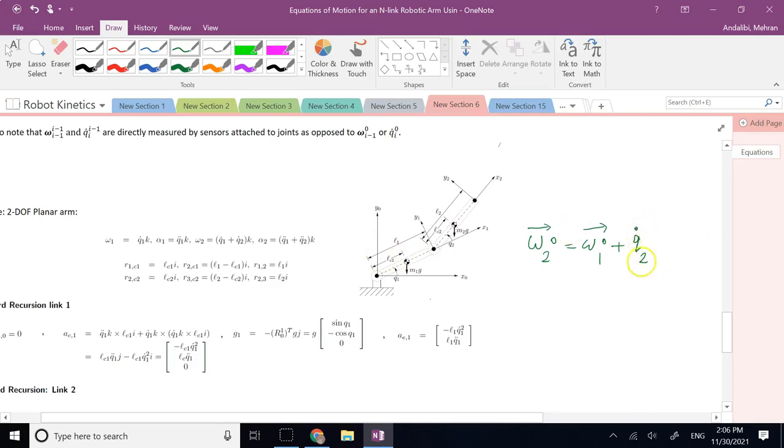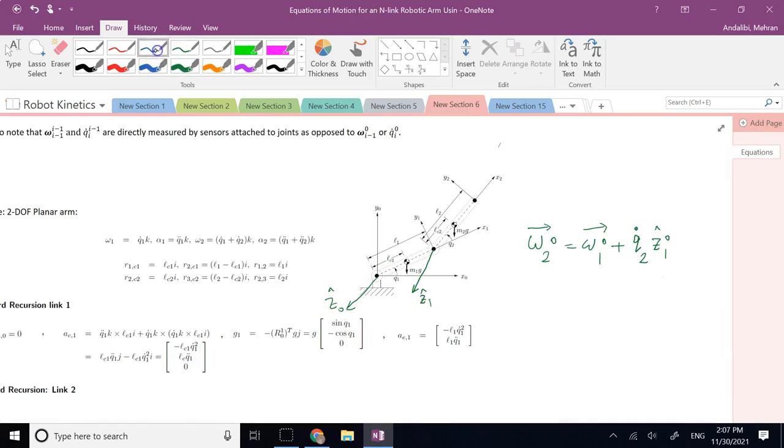So the magnitude of the rotation is q2 dot, and the direction of rotation is the z-axis of frame 1. And clearly here your z1 is out of the plane, the same as z0, that is also out of the plane.